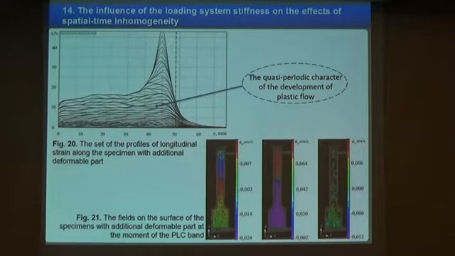And we also analyzed the profiles of strain along the specimen, based on the analysis of the strain fields and based on temperature fields. So we also can observe the quasi-periodic character.